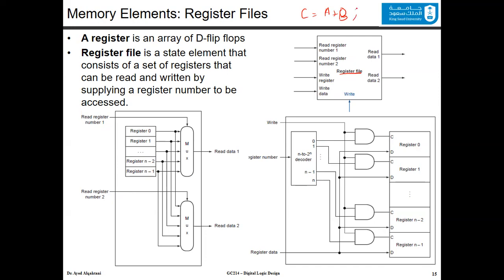So this is one statement in C, and you want to execute it. What happens in the register file is that it will have all the variables, A, B, C, and other variables. So you need to access A and B, and you need to read them or load them.